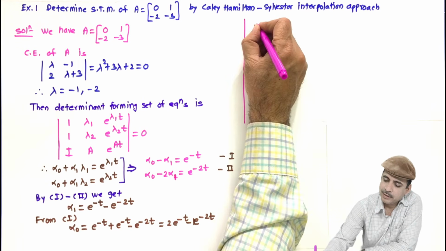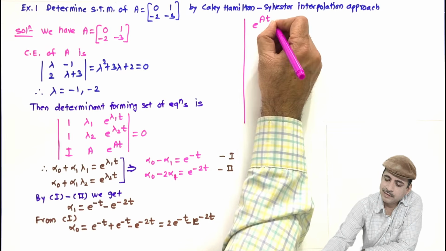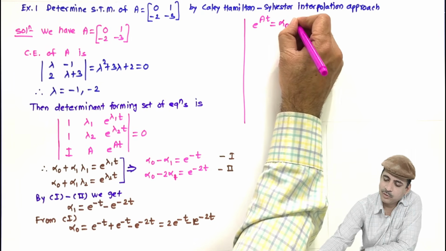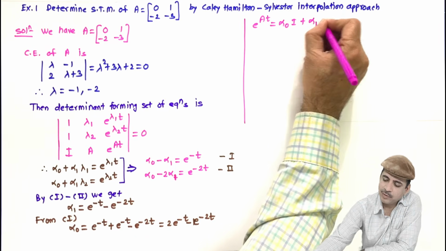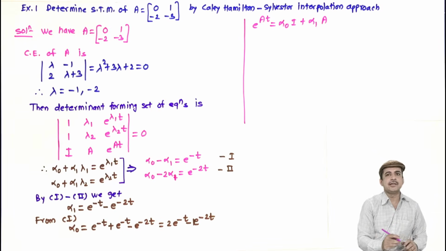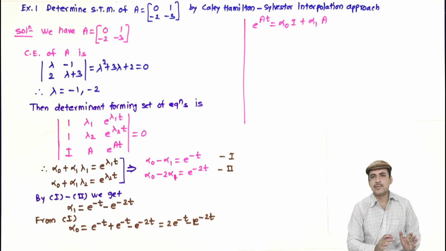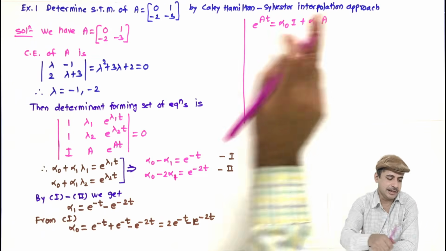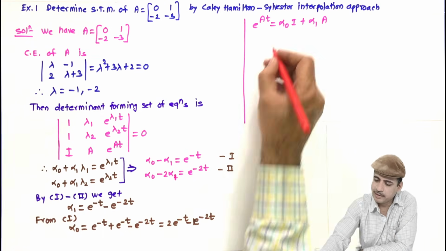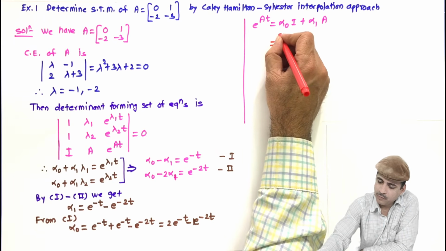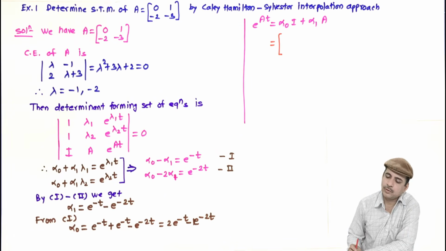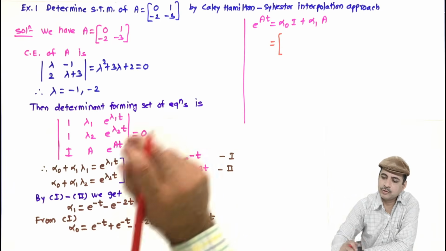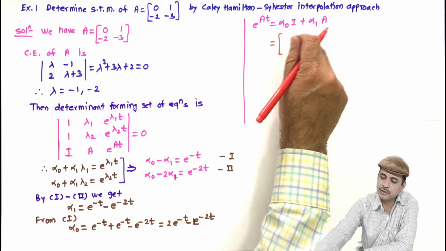we have e raised to at is equal to alpha 0 I plus alpha 1 a. Alpha 0, alpha 1 are the scalars, and they will be multiplying every element of matrix I and a. So then this will be alpha 0 into I. So I is 1 0 0 1. So it will be alpha 0 0 0 alpha 0.